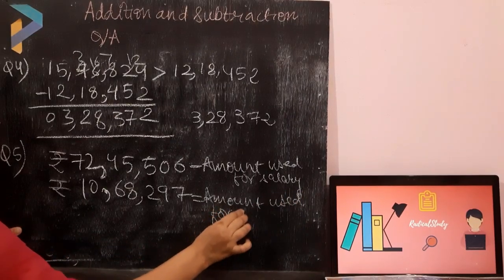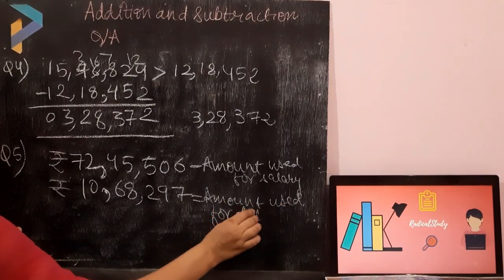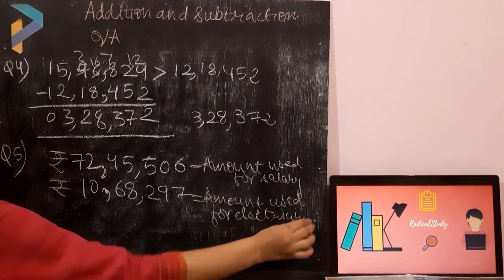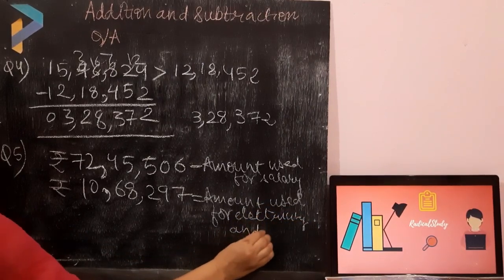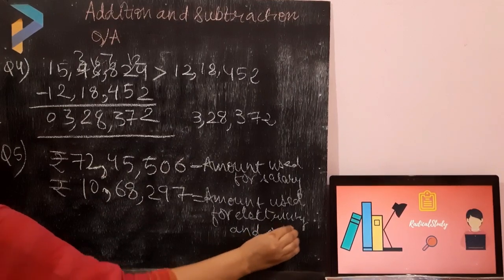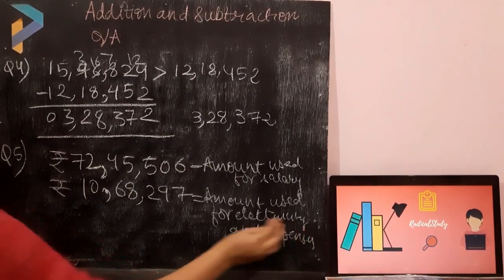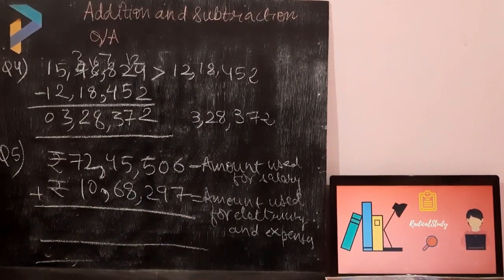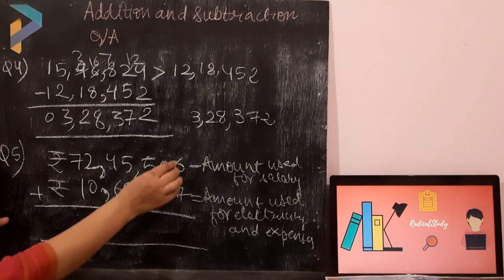Both things were there, electricity and expenses both. Now, the last statement would be total expenditure of the company. Total means what we have to do in this question? Please tell me, students. Yes, students, you all are right. We have to add in this question. Total means we have to add.